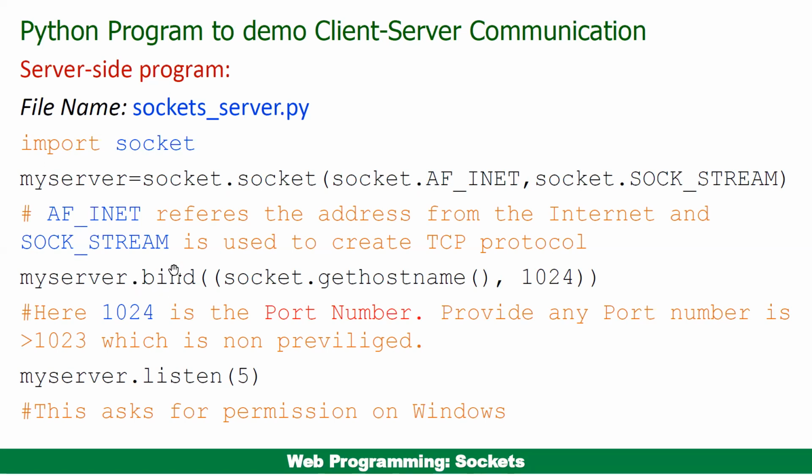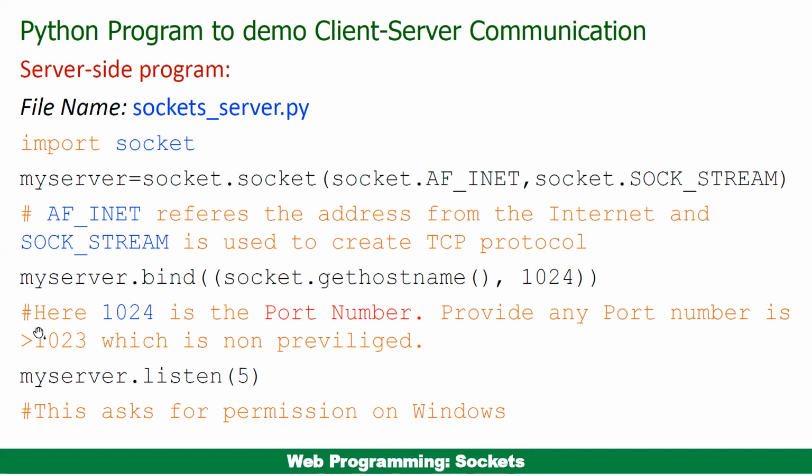Then you can bind by getting the host name. So myserver.bind, here getting the host by using the module function socket.gethostname, then the port number 1024. Here 1024 is the port number. You can provide any port number, no problem. But here we use ports above 1023, which are non-privileged.